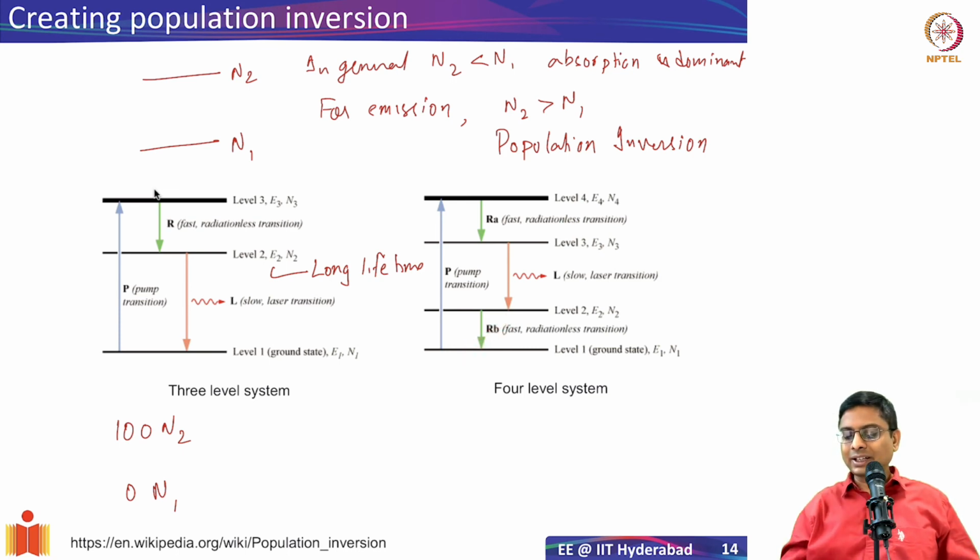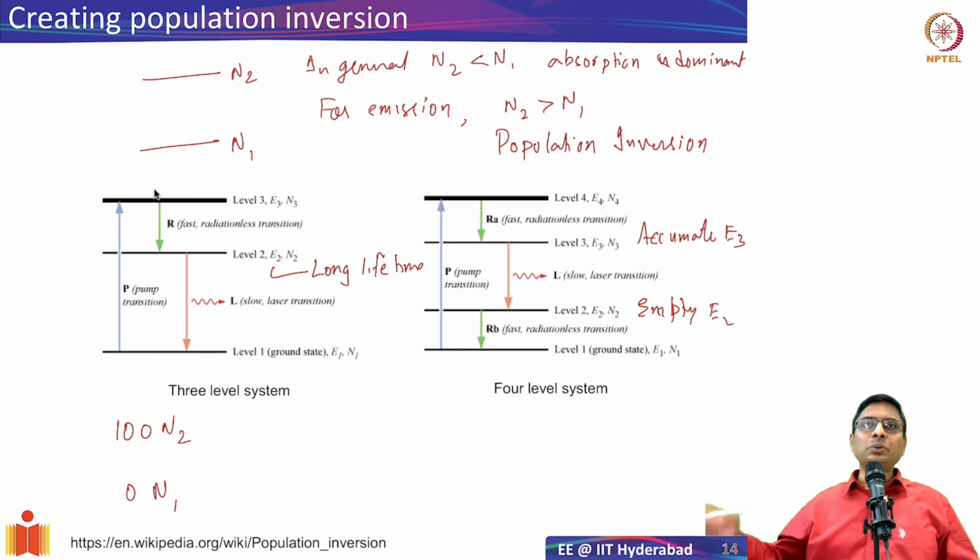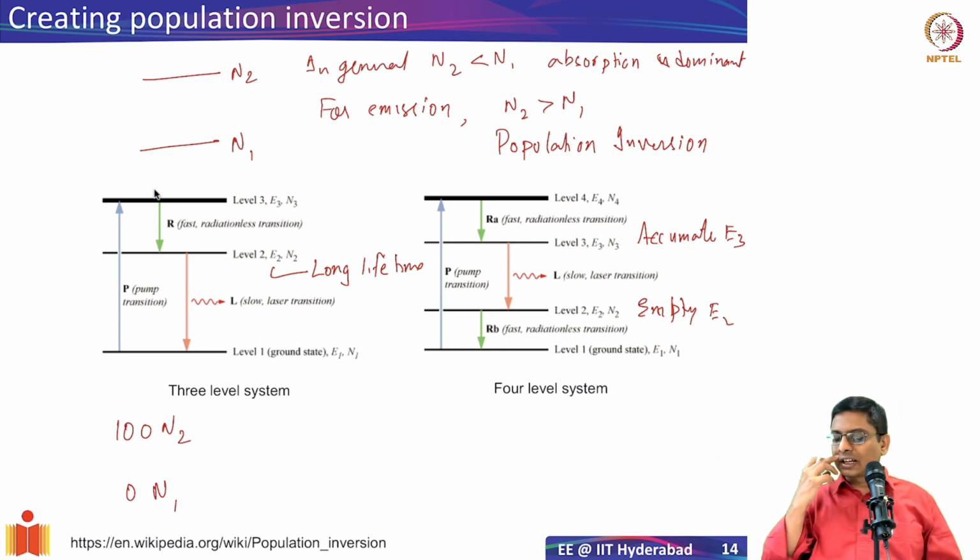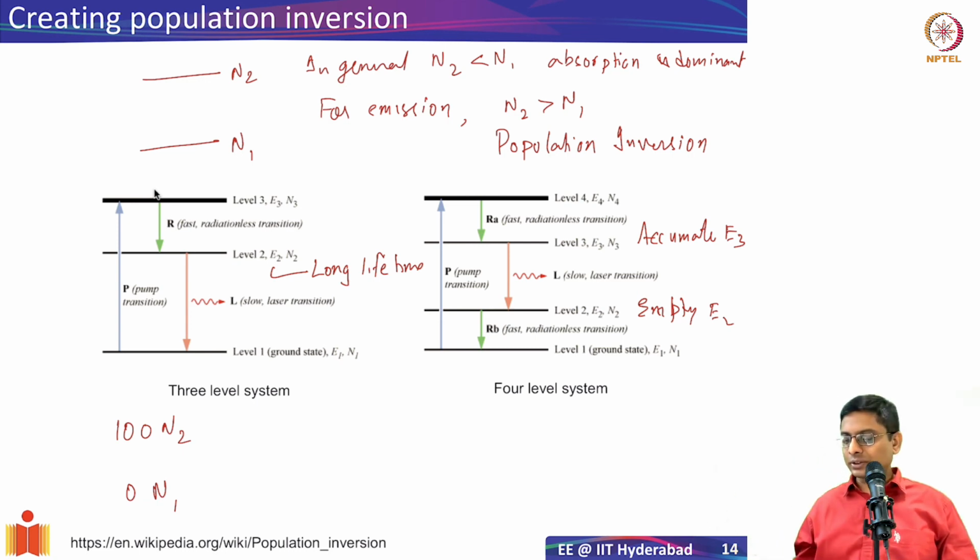So basically I'll try to have more atoms accumulate in this state E3, and this is E2. I try to always quickly take out the atoms in the lower state. So between these 3 and 2, you can have lasing.